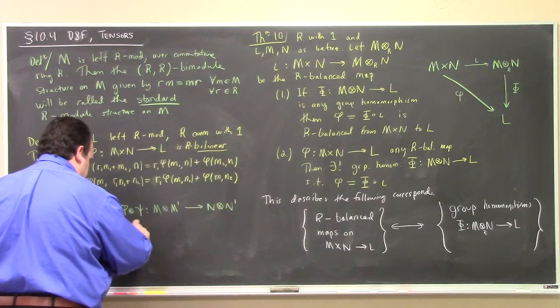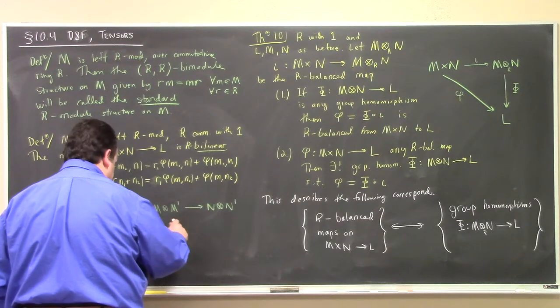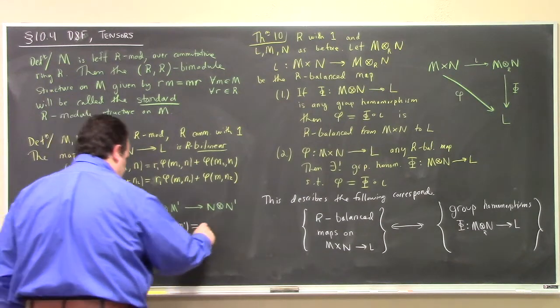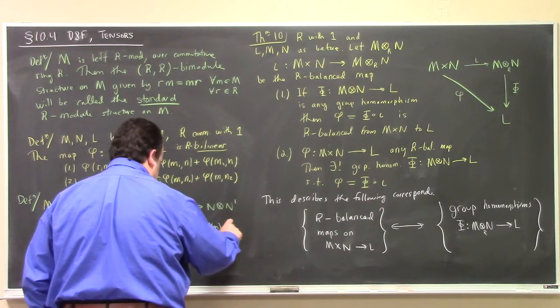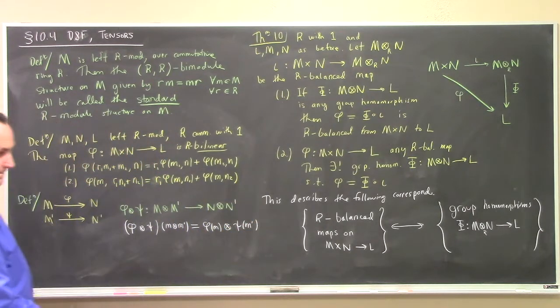So phi tensor psi acting on little m tensor little m prime is equal to phi of m tensor psi of m prime. Anyway, there's more we could say, but that's the main thing.